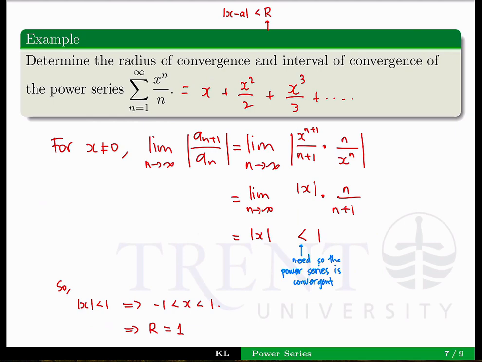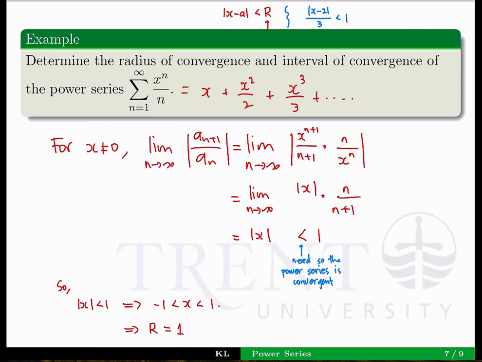Now, there will be times that maybe your expression becomes absolute value of x minus 2 over 3 less than 1. Notice here we only want the absolute value of x minus a.